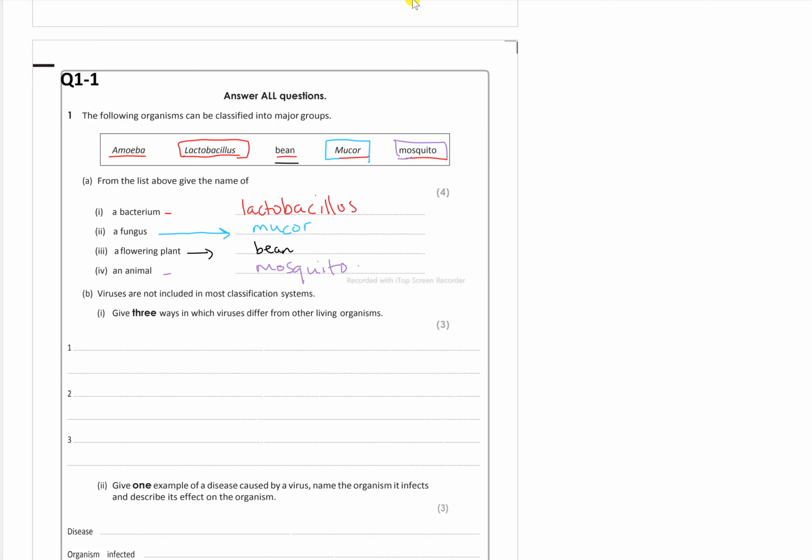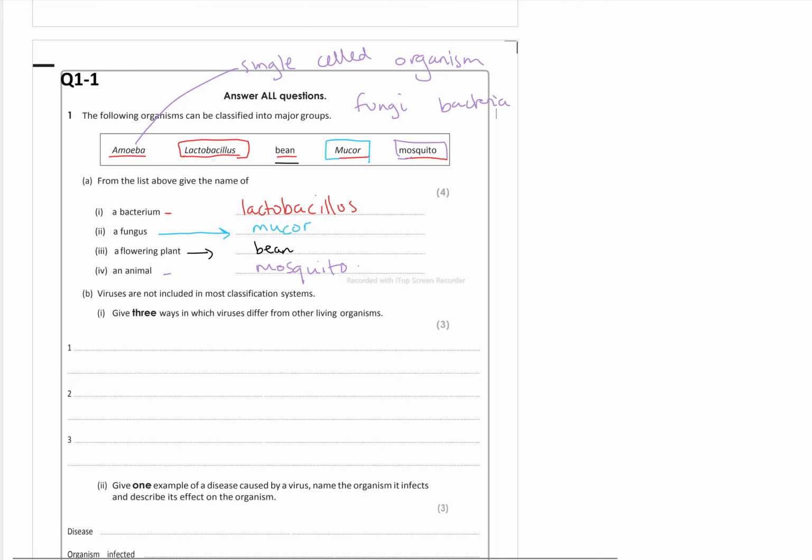Right, an amoeba is a type of single-celled organism which can cut across fungi, bacteria.